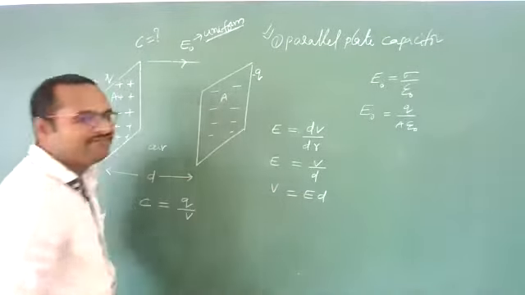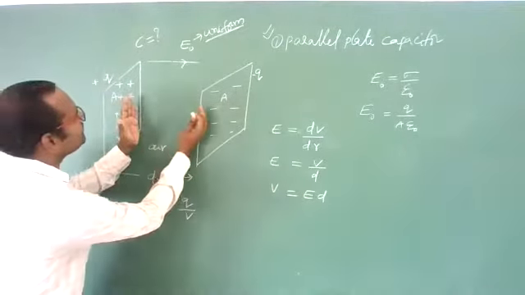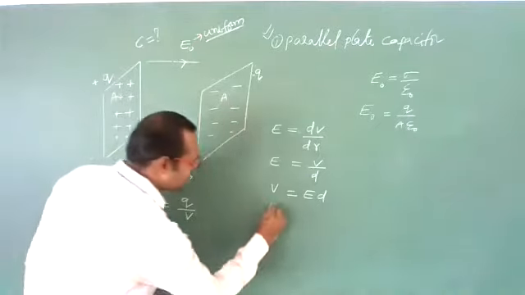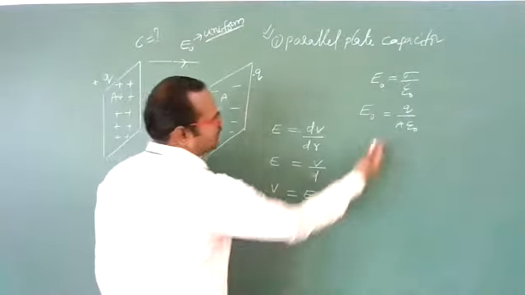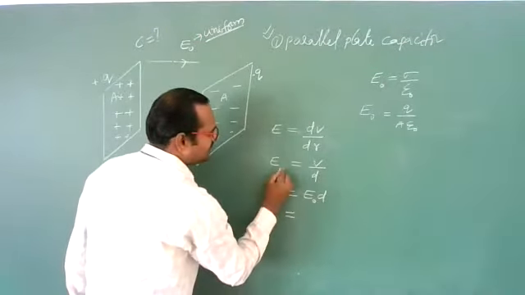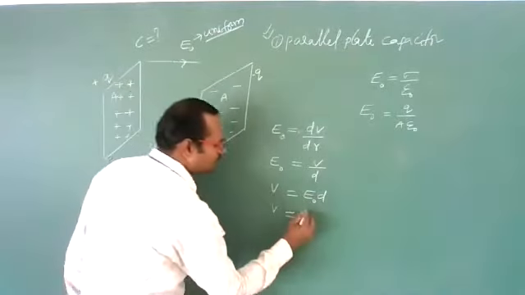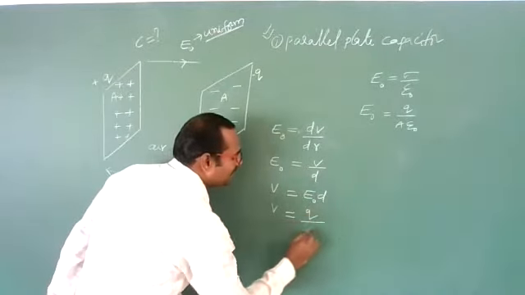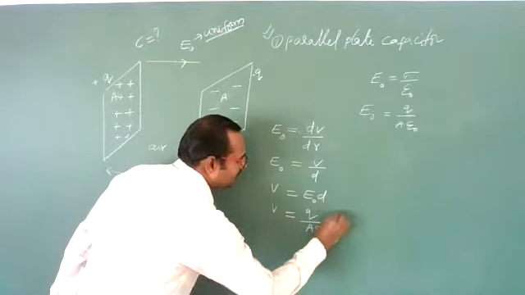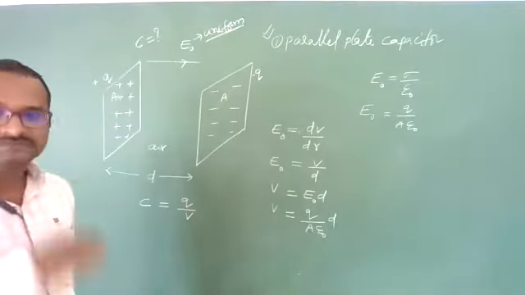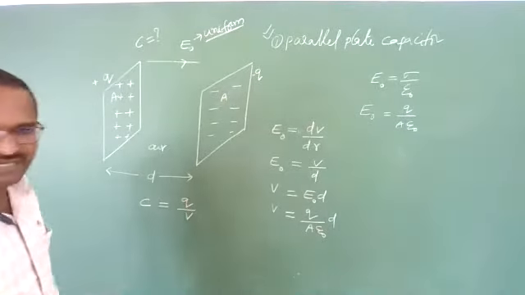So what is V? V is the potential difference between these two plates. That is equal to the E value, which is nothing but E naught, the uniform electric field which is present. Clear, students? Yes. So it will become Q by A epsilon naught into D. We want capacitance now.